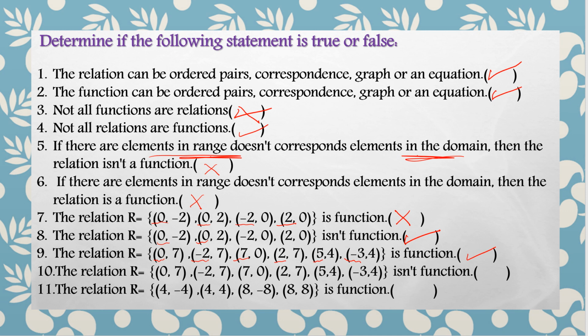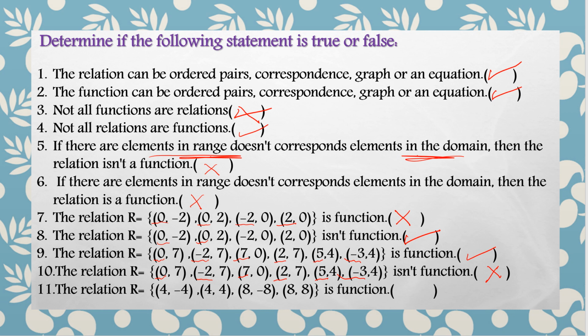Statement 10, this relation isn't a function. Also by checking the first component, we can see that there are no repeated elements, so this is a function, so the statement is false.